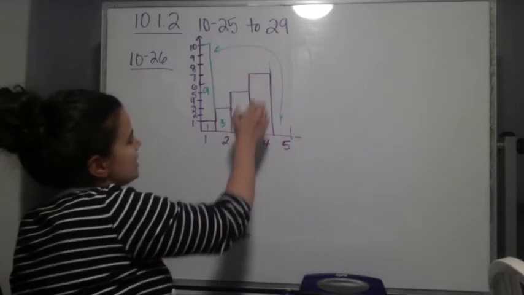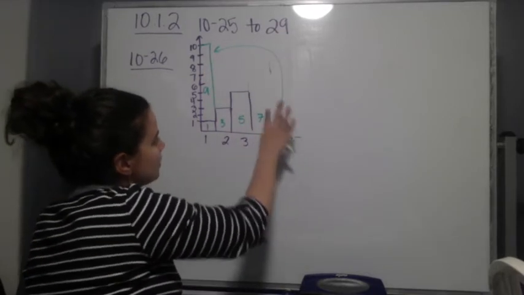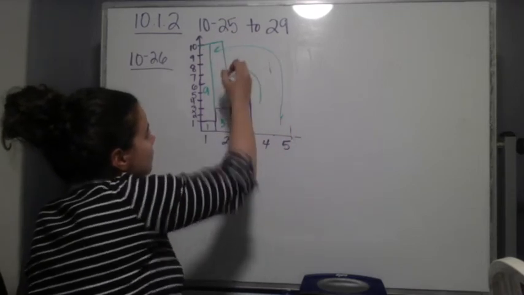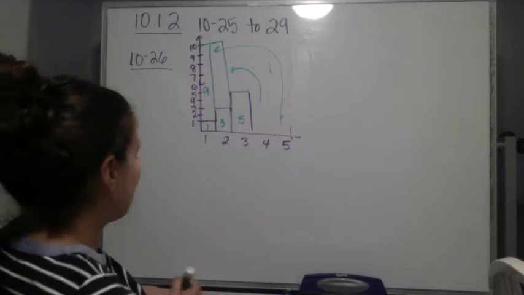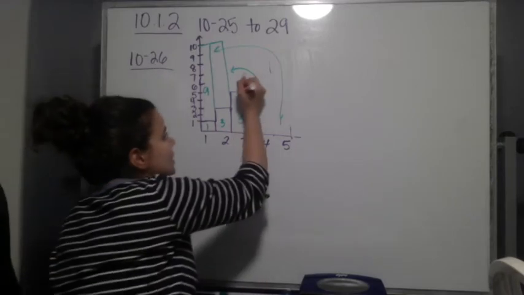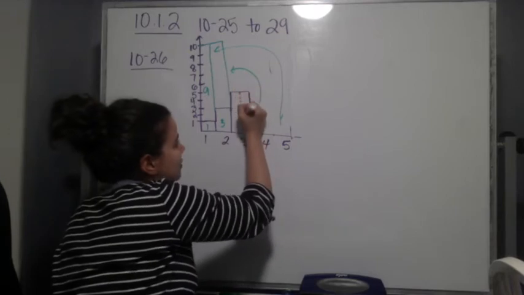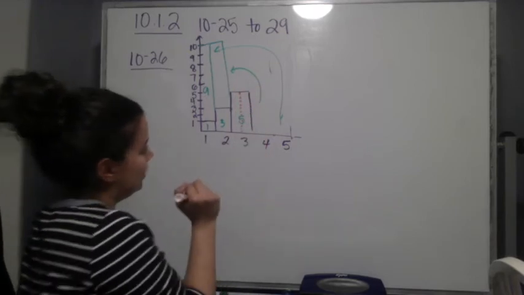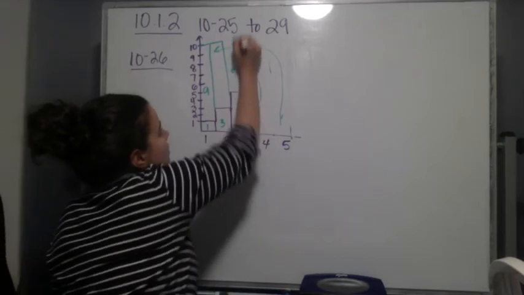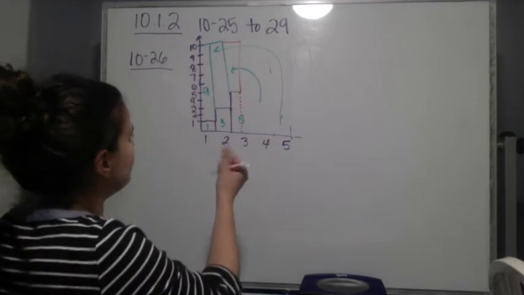And then you can take this 7 and put it here to make another 10 column. And then you can actually split this guy in half and put half of it on top. It's kind of ugly, but it'll do.